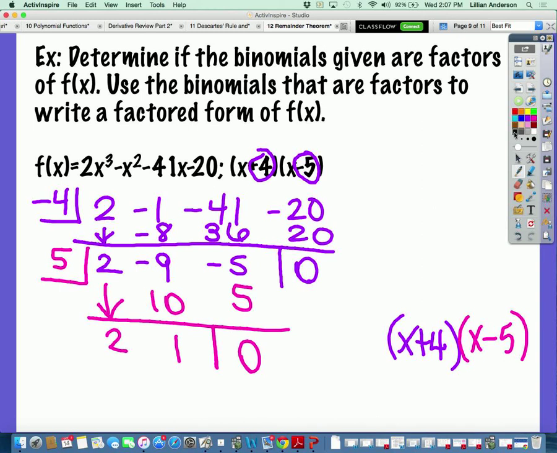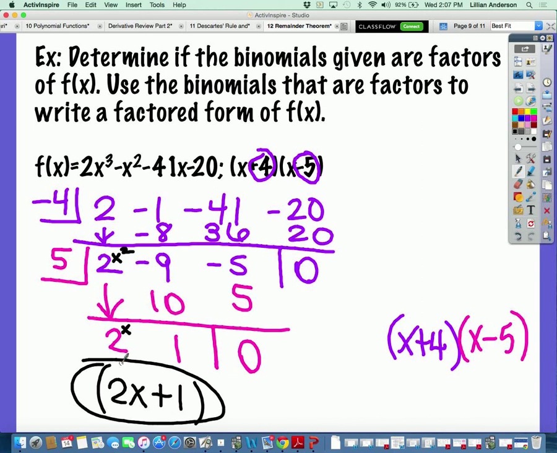Your last one is sitting right there in your face. 2x plus 1. That's your last factor. And you know it's 2x because you started with the cubic. When you first did your synthetic division, this was a quadratic. And then when you divide it again, this turned into a linear.